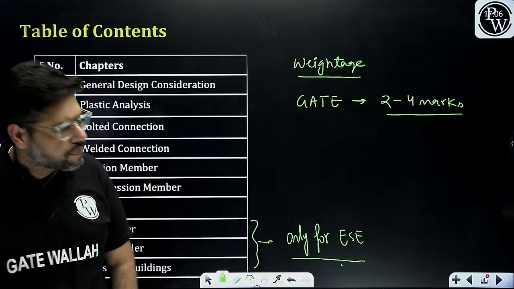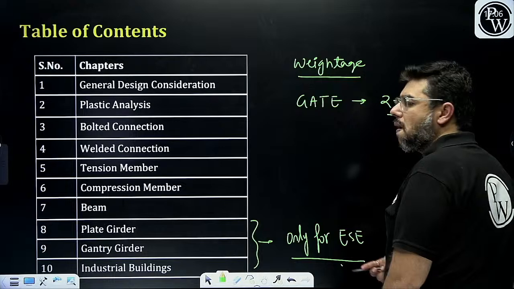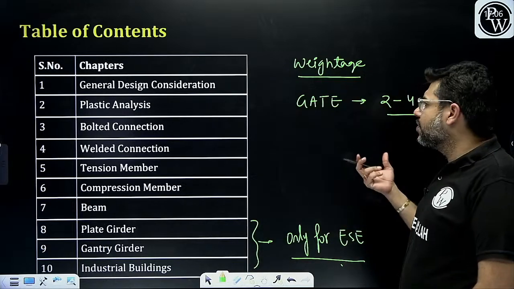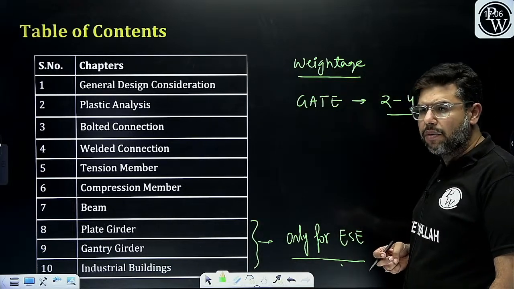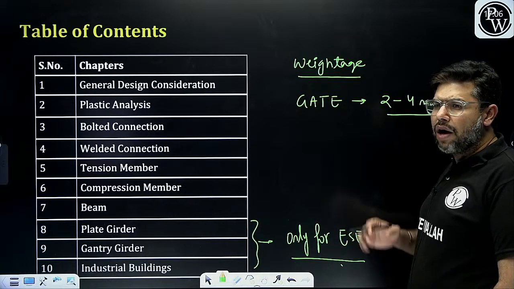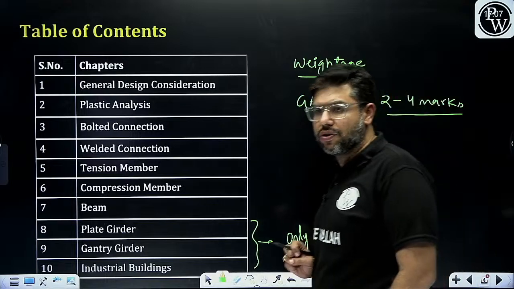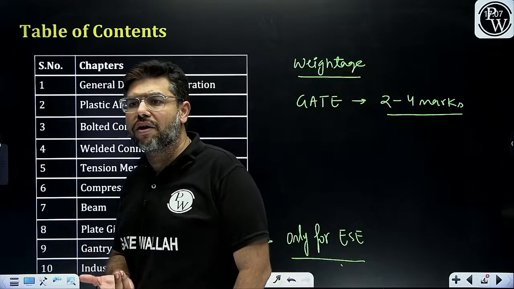Anyways, what I was saying is, the weightage of this topic in GATE is very less, and mostly the questions are from an analytical point of view. So I won't be covering the design questions here, because design questions are not asked in GATE.